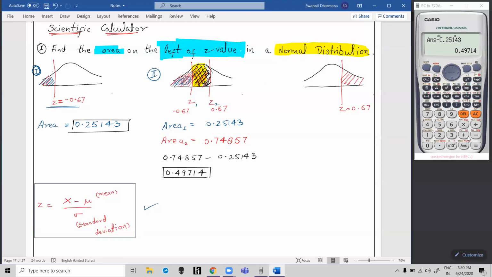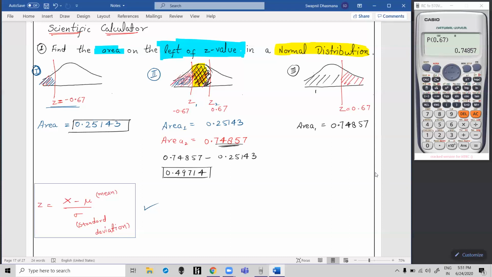Again, if the question is like case 3, you are still going to do the same steps. So shift, you see there's a stats already, shift 1, 5, 1. Now you write down the same value, 0.67 positive, and the area to the left, this part, is 0.74857, which I already know from here also.